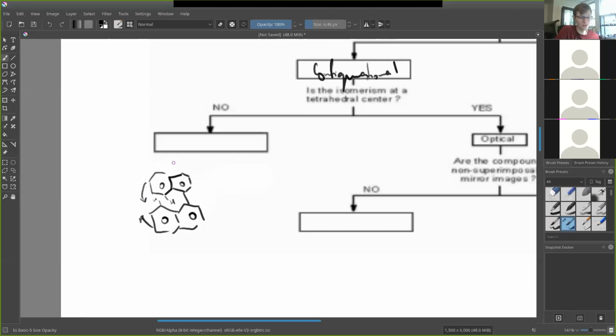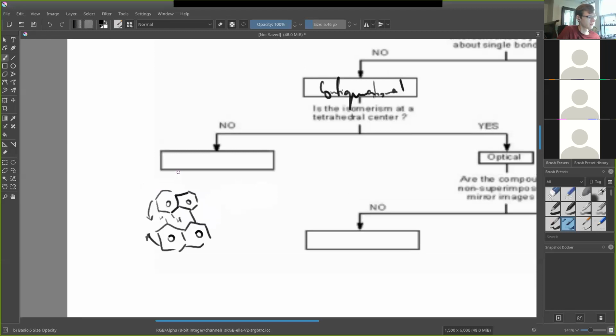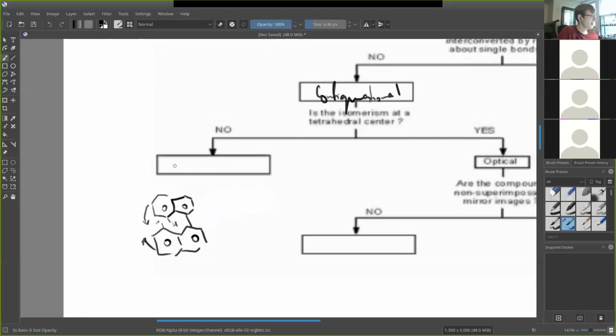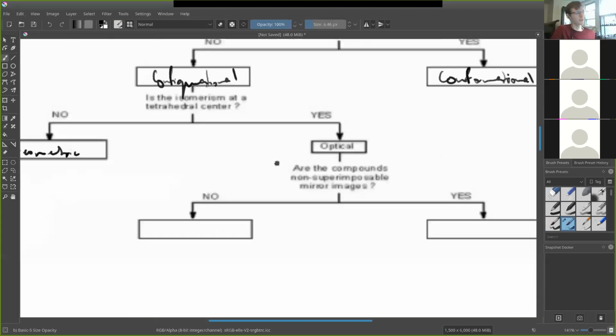There's another type of this. Actually, no, I lied, because this one you can change by rotating around a single bond. Anyway, the point is these are geometric isomers. This is not the most important thing in the world. This is the one where it matters.